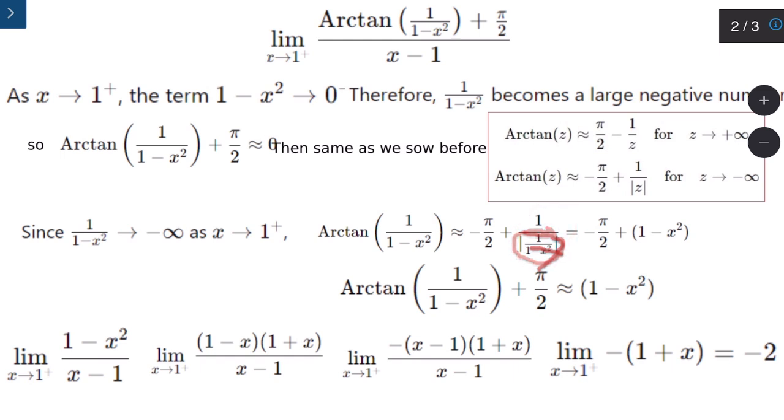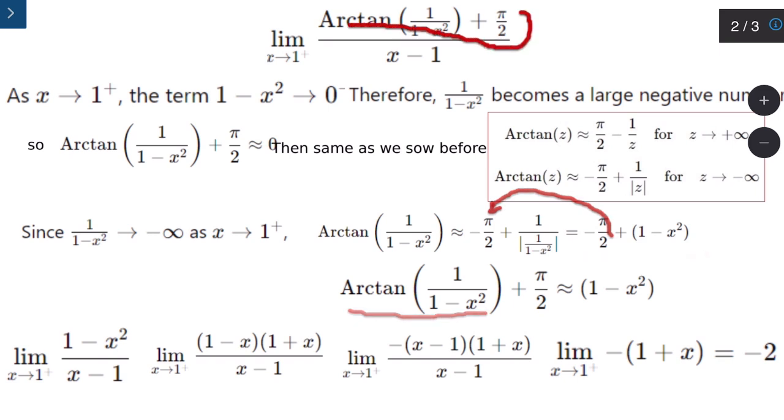You can do simple mathematical algebra, and you will get minus pi over 2 plus 1 minus x squared. And the arctan of that, you just move this minus pi over 2 to the other side. Why? Because we have here plus pi over 2.